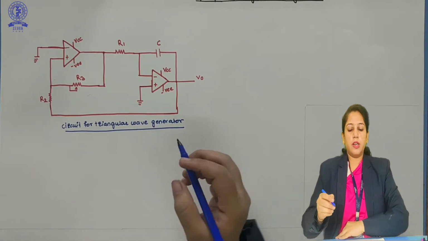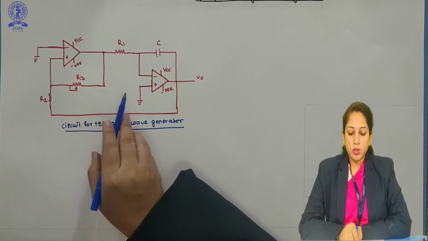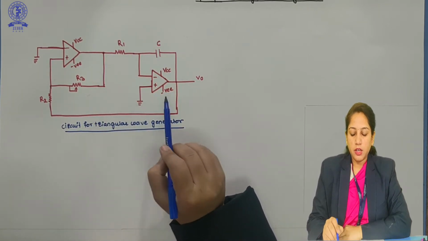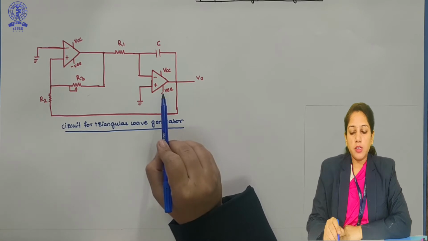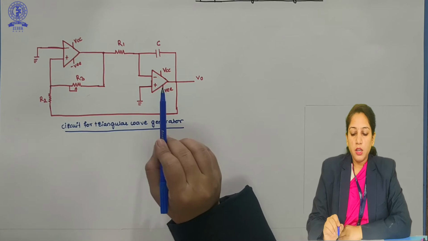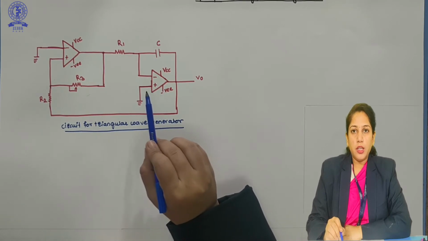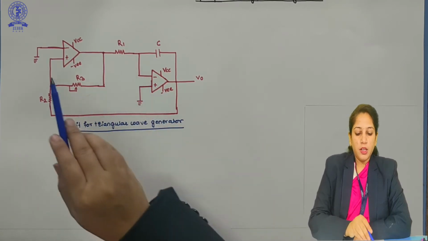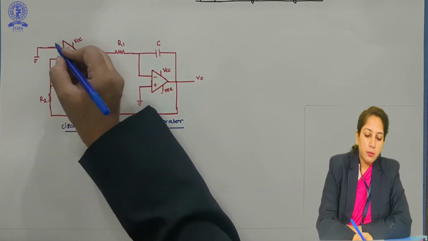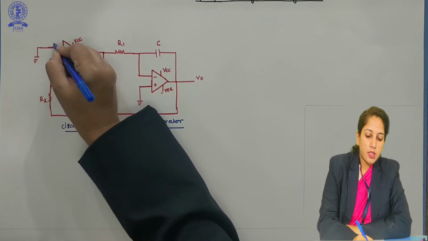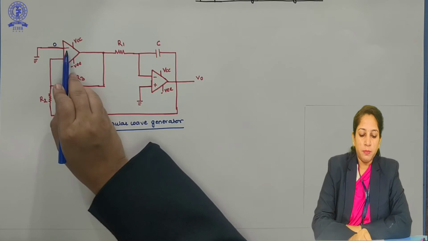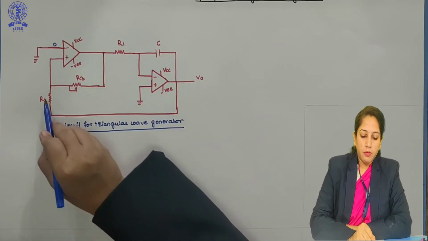As I have told you, there will be a combination of two operational amplifiers. If you observe this circuit, the second operational amplifier is nothing but an integrator circuit, where the capacitor and resistors are the main components to integrate the input waveform. And this is a comparator circuit, where one terminal I have given as ground, which means it will compare with 0 volt, given to the inverting terminal, and on the other terminal we have given a feedback.